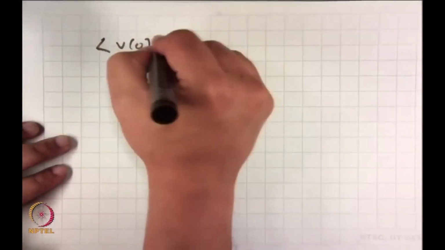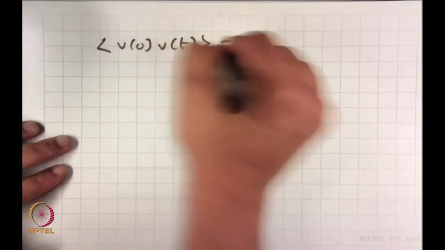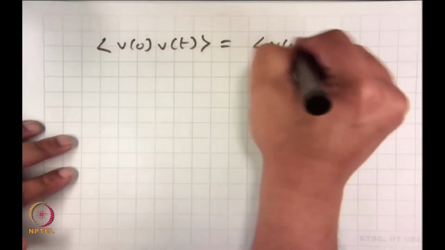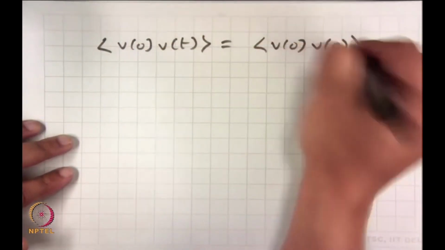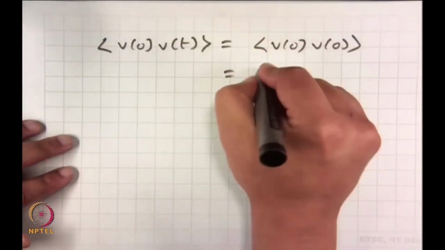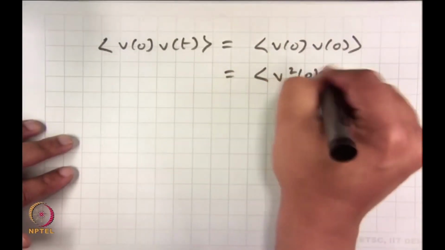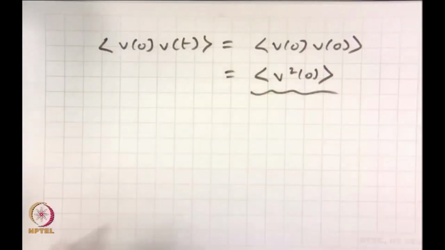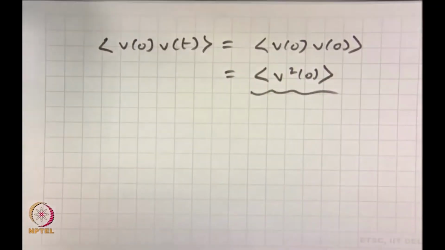Then I can immediately write that V naught V of t is equal to V naught V 0, which is equal to V square 0, right. So, that means at time t very close to 0, from when you have started looking at V 0, which is t is equal to 0, they are absolutely correlated.